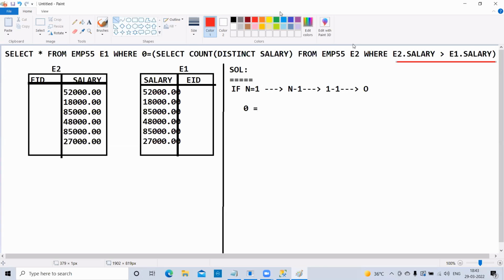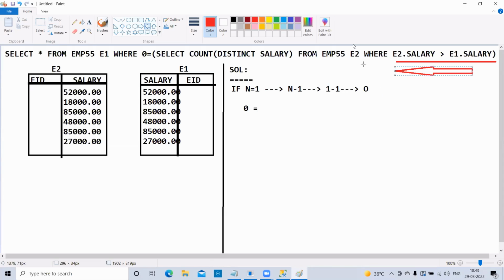The first one executed is the outer, guys. So the comparison, in the inner query condition, will start from E1 to E2. That means my comparison is from E1 to E2.